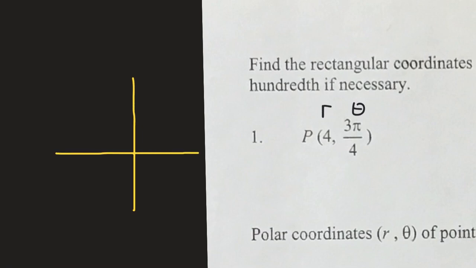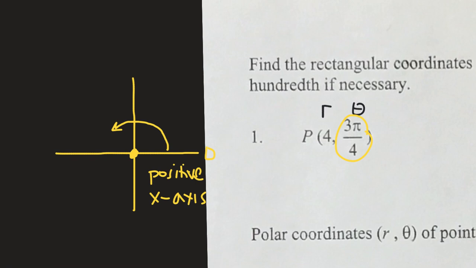Remember, on your polar grid, we have a pole in the center, and 0 degrees or 0 radians is still the positive x-axis. So we're going to measure our angle 3 pi over 4 from the positive x-axis. So that would be over here. 3 pi over 4 is a 135 degree angle.